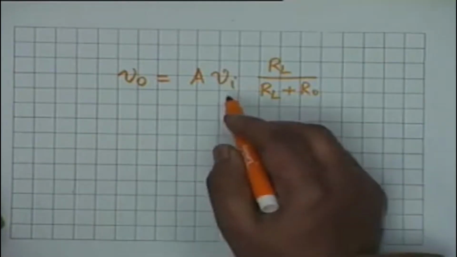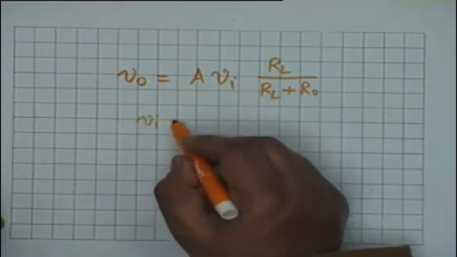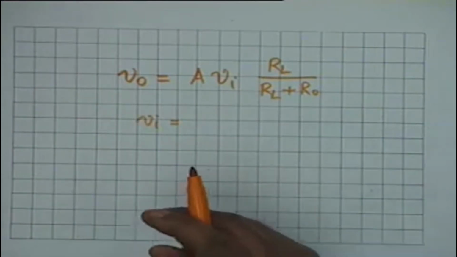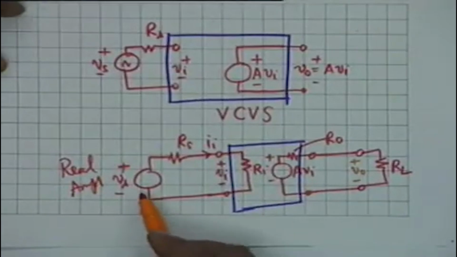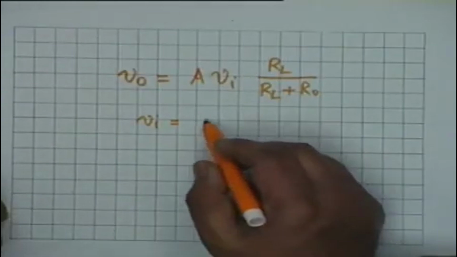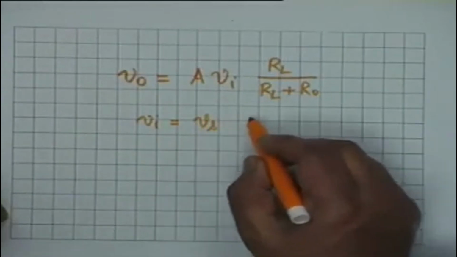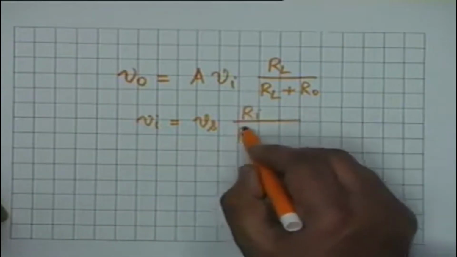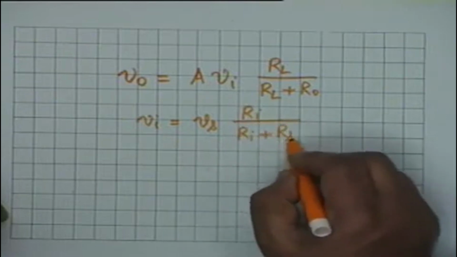And Vi is the voltage division of Vs between Rs and Ri, and therefore Vi is equal to Vs multiplied by Ri divided by Ri plus Rs.